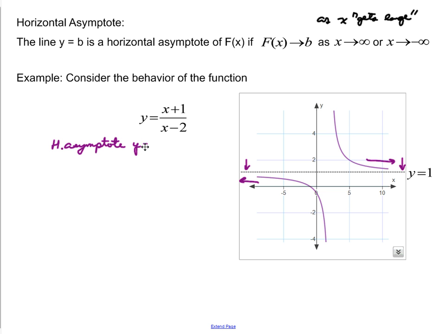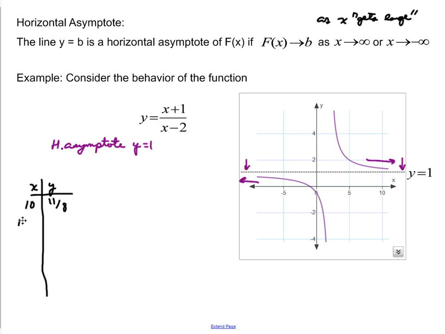Now, we can actually verify that behavior by, again, using values of x and just substituting them in to see what's going to happen as x gets larger and larger. Let's pick some large values of x, going off to the right. If we put in 10, we're going to get 11/8.